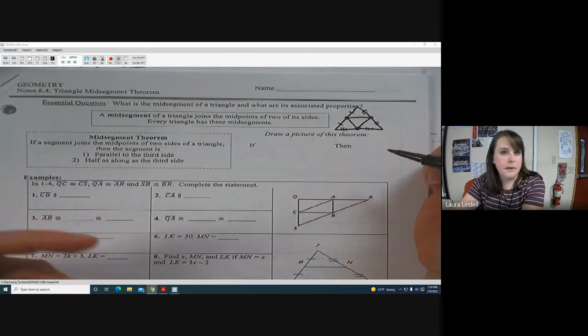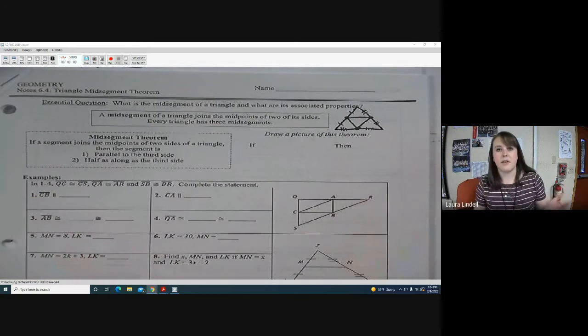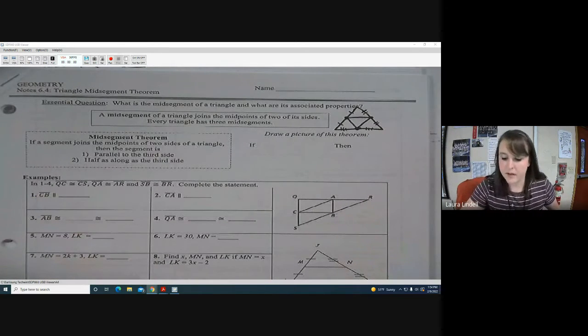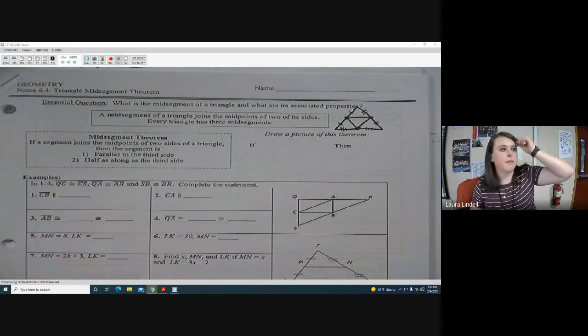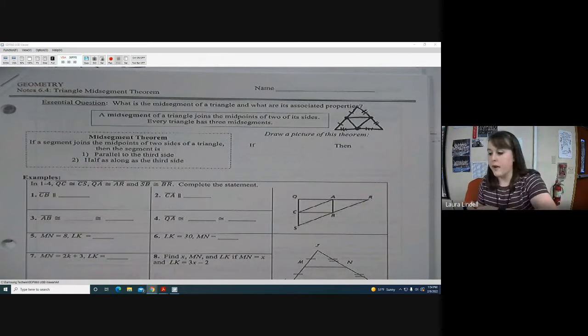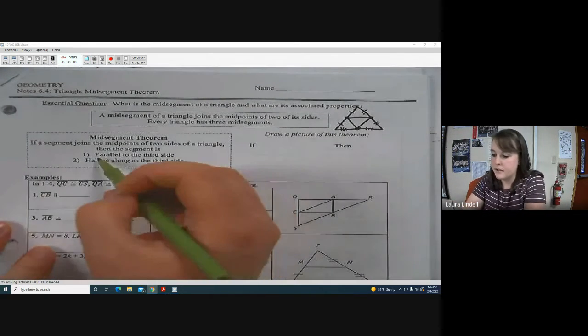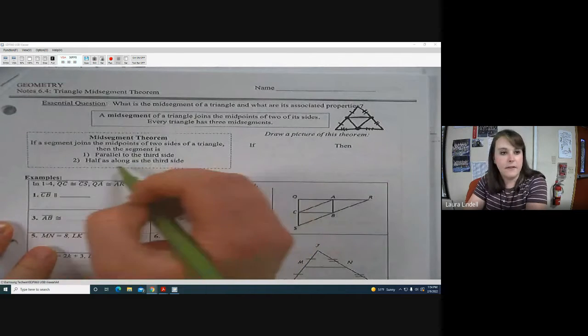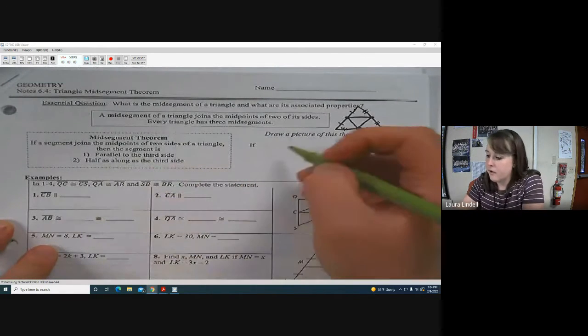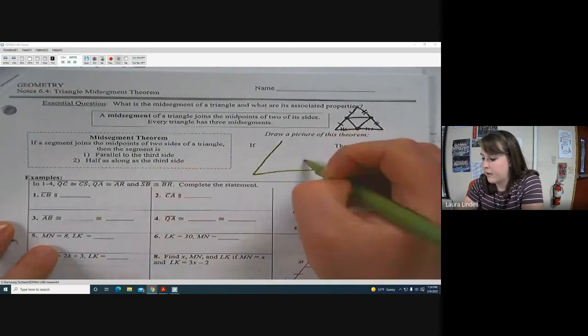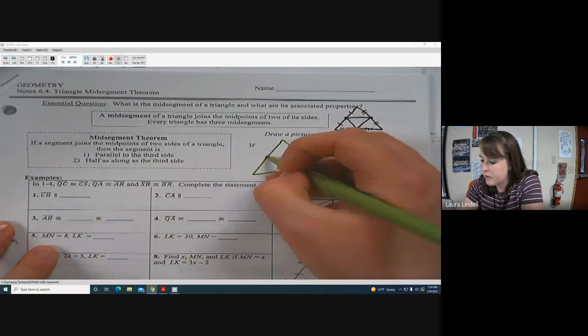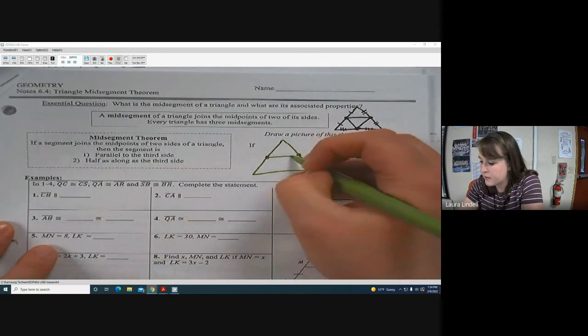So with that, midsegments have a couple of interesting properties. Otherwise, we wouldn't be talking about them. And it's the midsegment theorem. If you've got a midsegment, it is parallel to the third side and half as long as the third side. So what that looks like is, let's say we've got a triangle. Here's our midsegment.